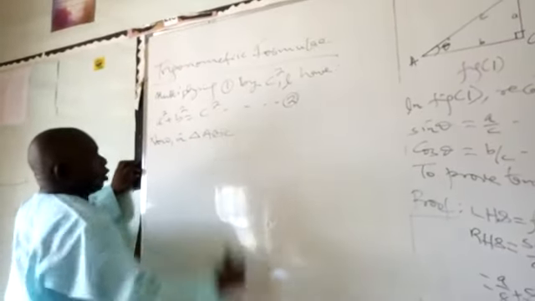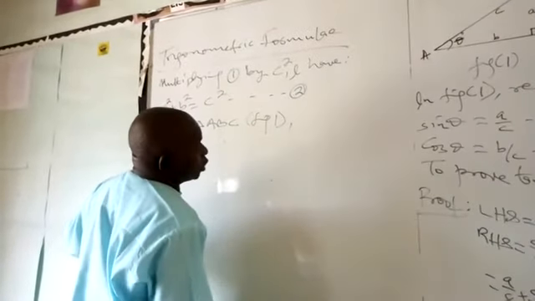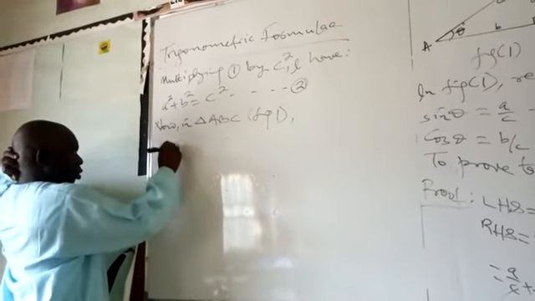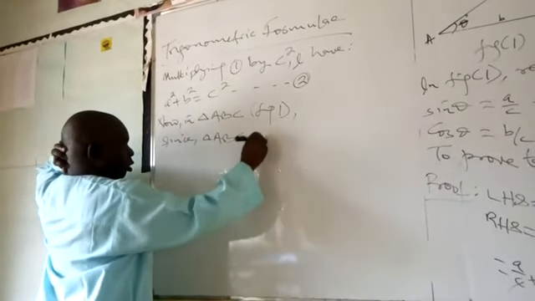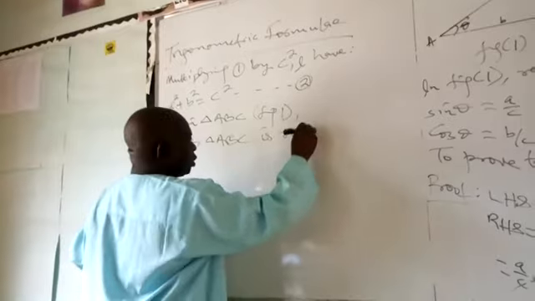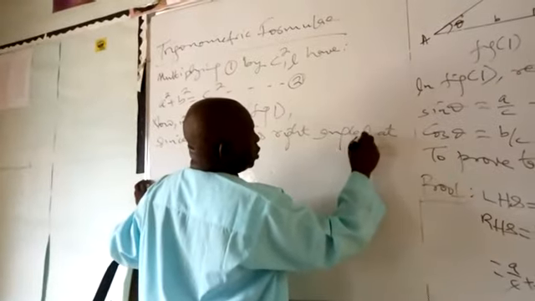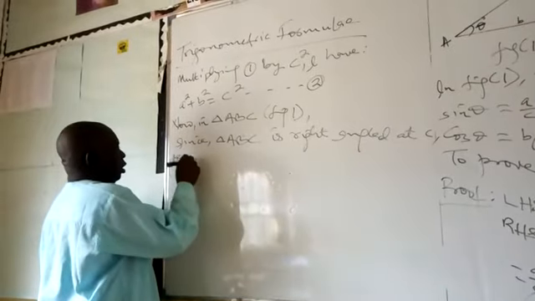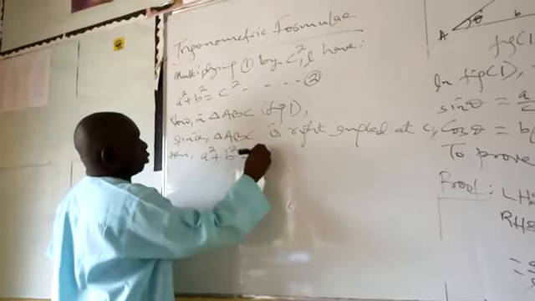Now, in triangle ABC, which is figure 1, since the triangle ABC is right angled at C, then A square plus B square is equal to C square.